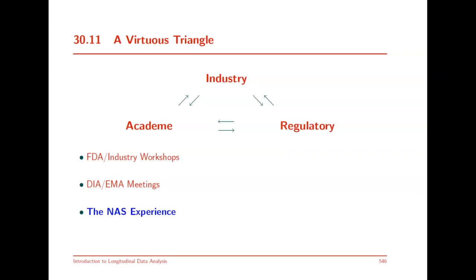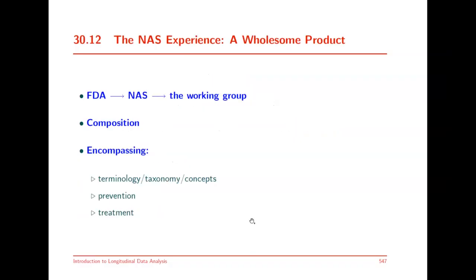Briefly, over the years, we've reached a point where the academics, the industry, the regulatory authorities, and very importantly also patient representatives joined forces to come up with a wholesome framework. That's where we are now, also based on the National Academy of Sciences experience, which I explained in some detail in the web lectures.